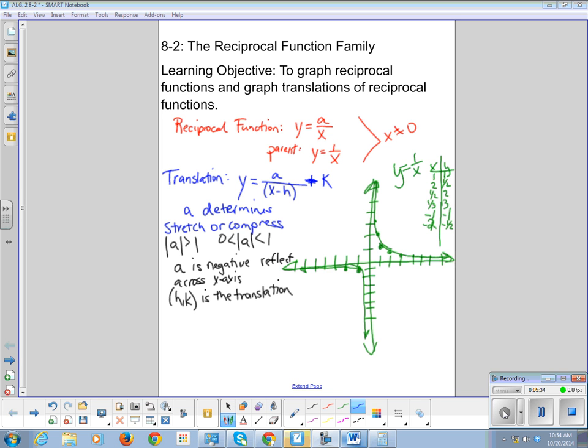If I were to graph y equals 1 over x minus 4 plus 1, it means I take my whole graph and I shift it to the right 4 and up 1. Now, it's a little bit difficult to do, so I'm going to identify some key points on my graph.